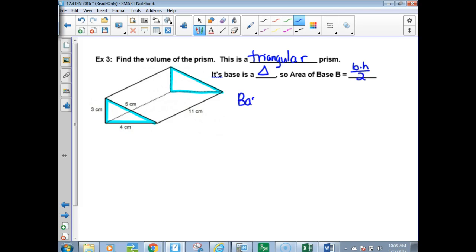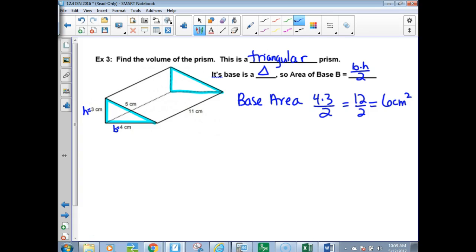So we're going to do the base area, which will be, our base is 4 on the triangle, our height is 3. So we're going to do 4 times 3 divided by 2 to get the area of that base. That's 12 divided by 2, which is 6 square centimeters.